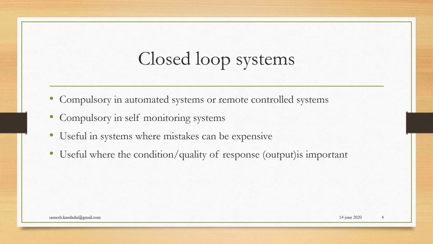Closed loop systems are cases where the consequence of the output is, and can be, quite expensive. It is also a compulsory requirement in self-monitoring systems, that is, systems that correct themselves back to the correct path. It's also the situation where the quality of the output is very important.